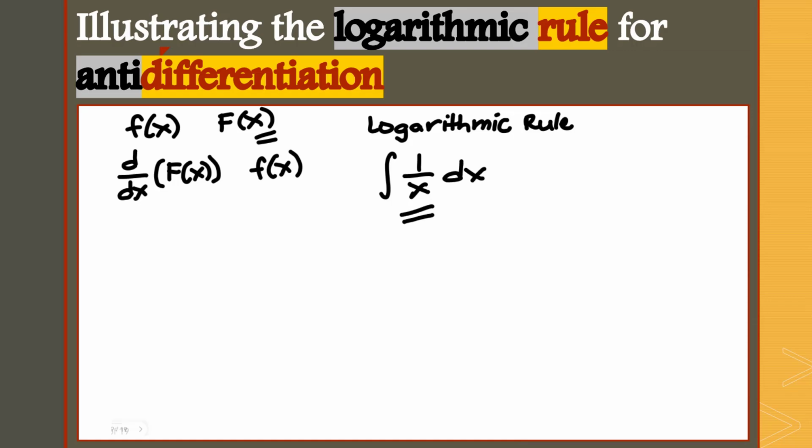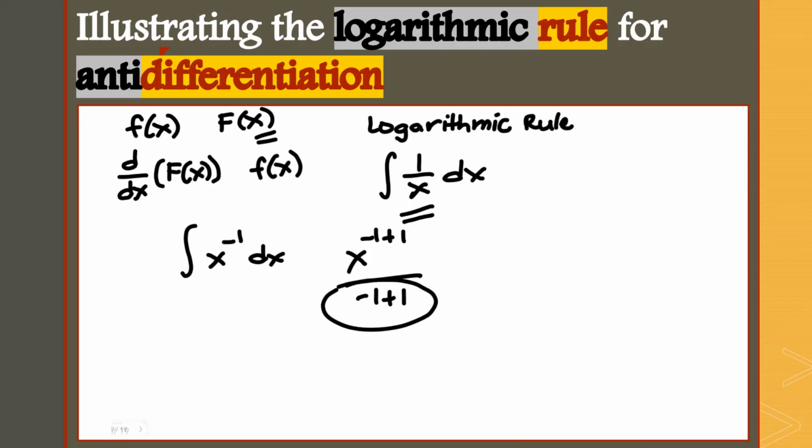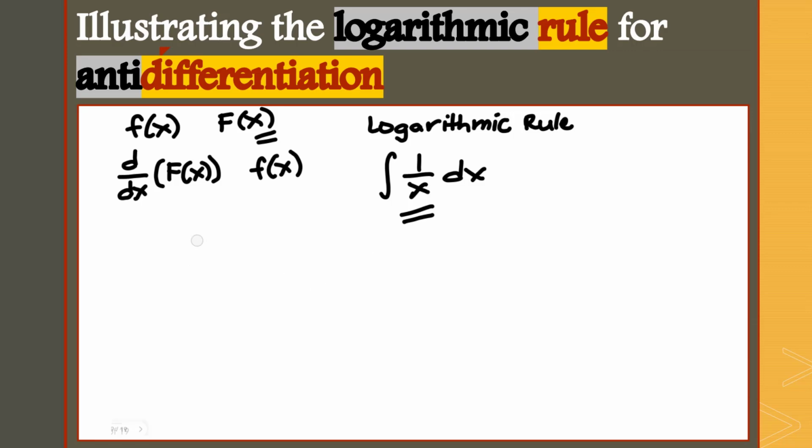This is an example of a rational function which we mentioned before is not possible for the power rule, because if we use the power rule, we come up with the integral of x to the power of -1 dx, and we have x to the power of -1 plus 1 over -1 plus 1. Your denominator would be 0, hence the expression will be undefined. That is why we have a separate rule for this, and it's called the logarithmic rule.